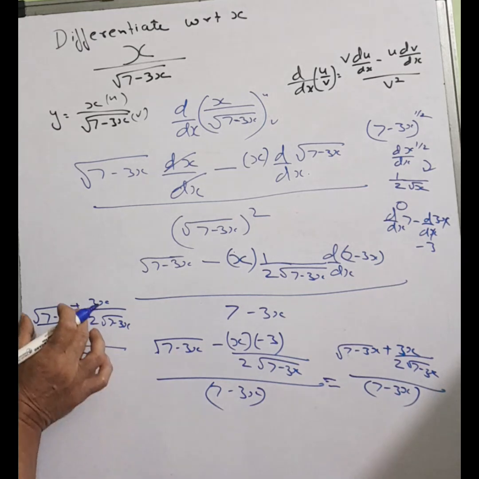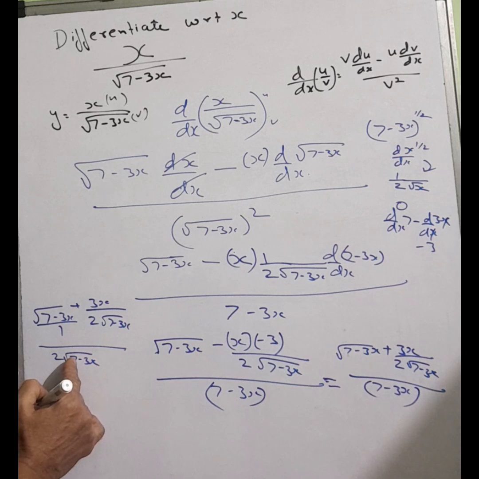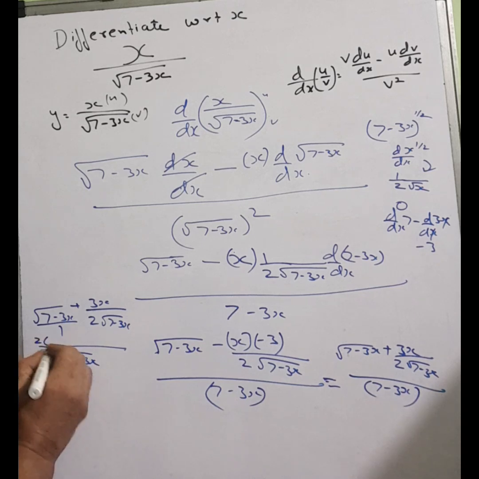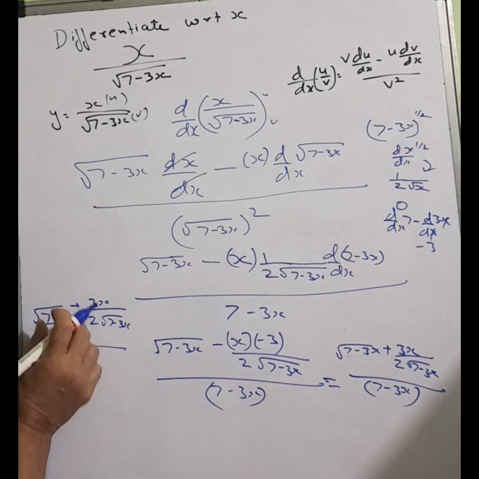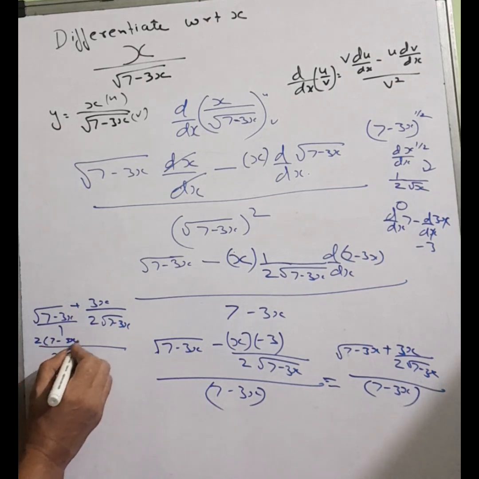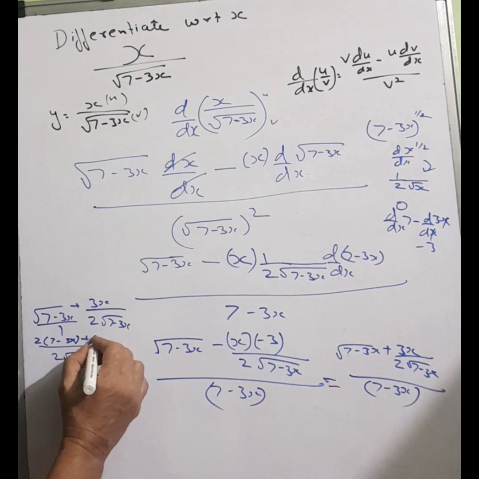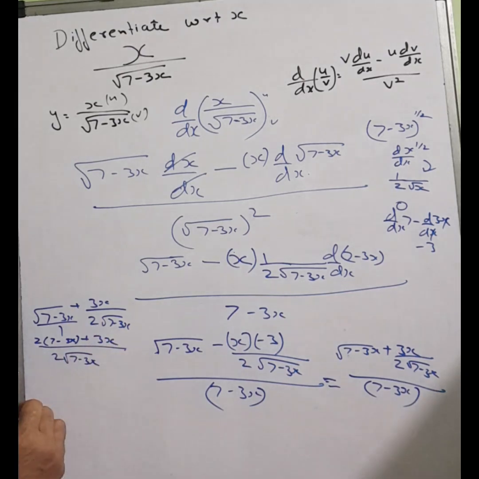So this I have to multiply with the numerator. So it becomes, now see, what I would do is I would straight away 2. Alright, now root multiplied by root disappears. So it would be 7 minus 3x. Alright, and this would be plus 3x. Got this? So this is what it would be.